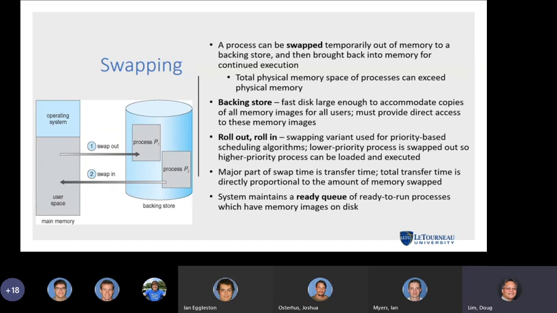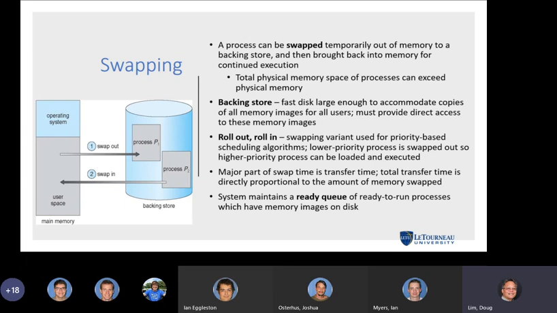There's various schemes for doing that, because you probably want to keep in as much of the memory as possible.